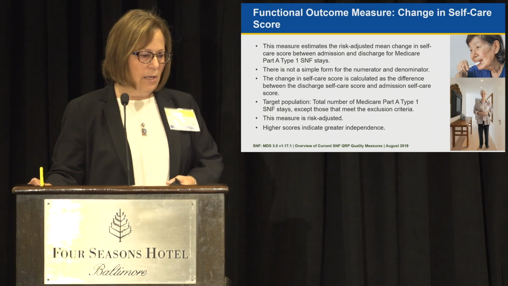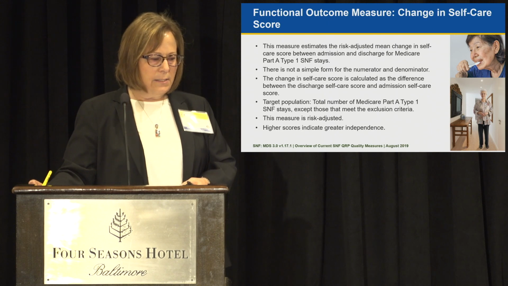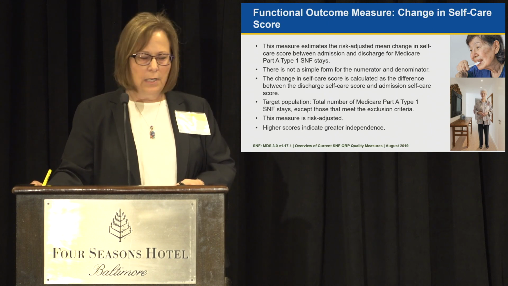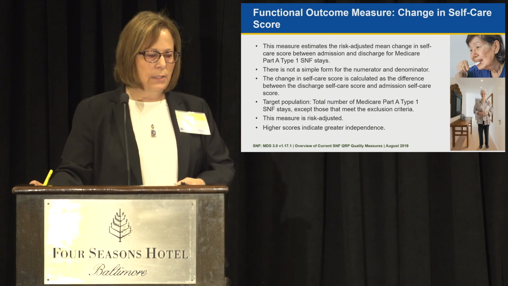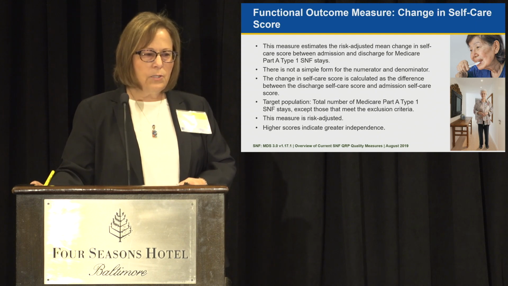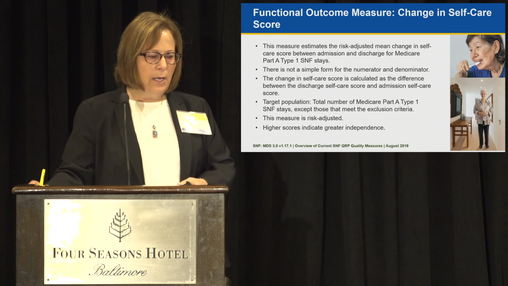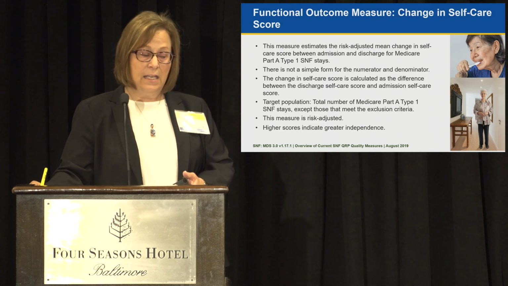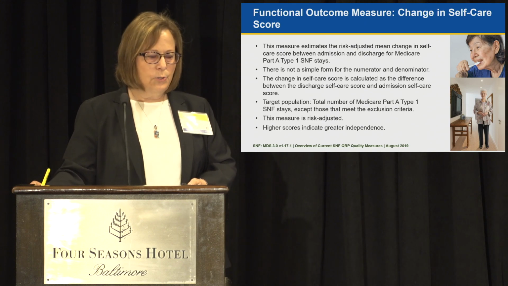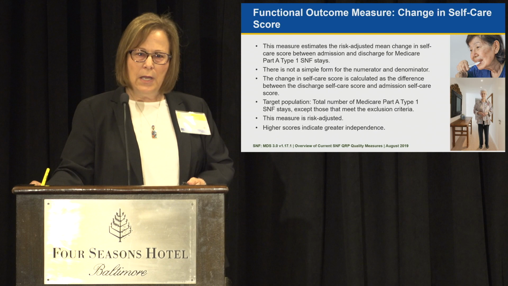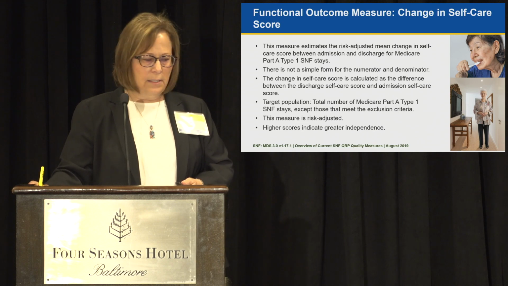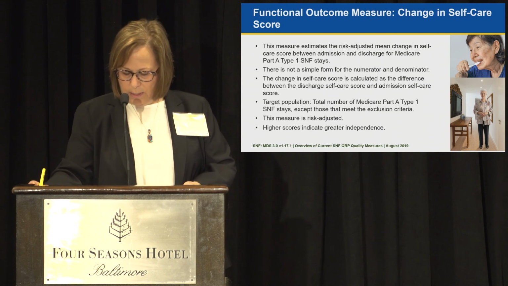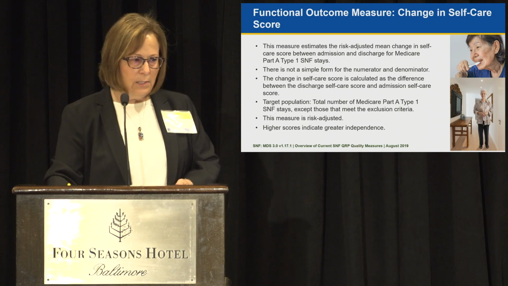The change in self-care score is calculated as the difference between the discharge self-care score and the admission self-care score. The target population is the number of Medicare Part A SNF stays, except those meeting the exclusion criteria. As we mentioned, this measure is risk-adjusted, and higher scores indicate greater independence.